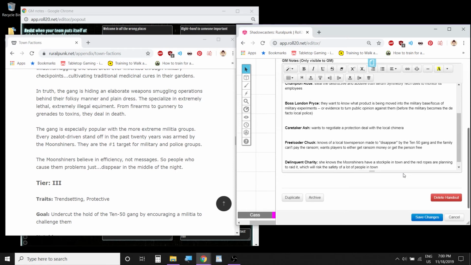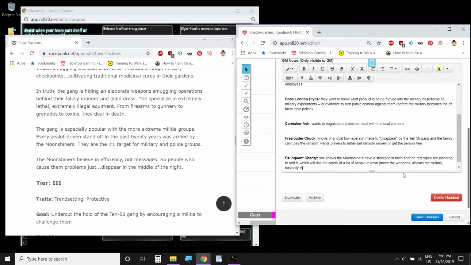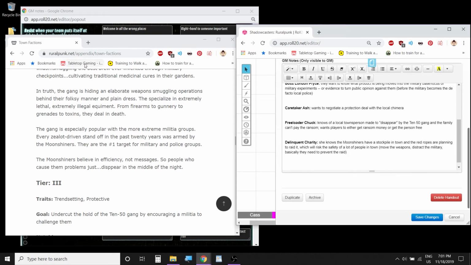So the team could move the weapons, distract the military. There's all these options, but basically they need to prevent the raid. So that's what Charity wants, is for them to prevent the raid, because a lot of people are going to get hurt.